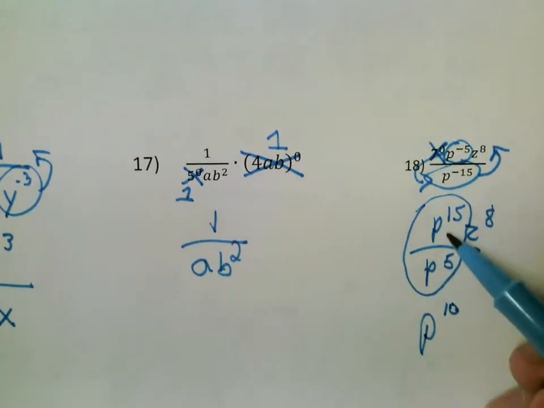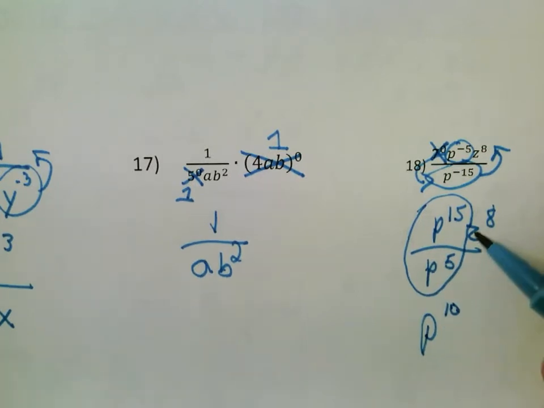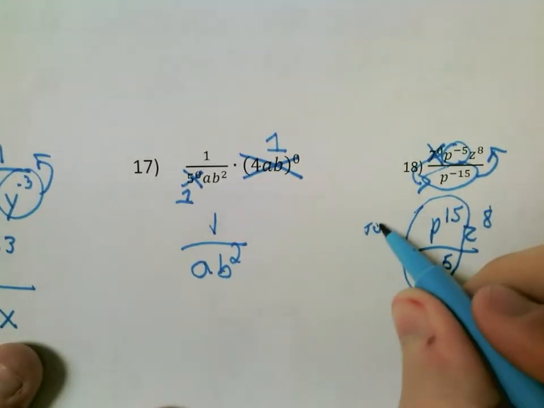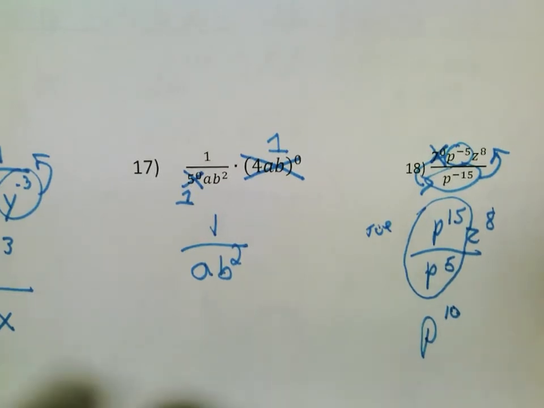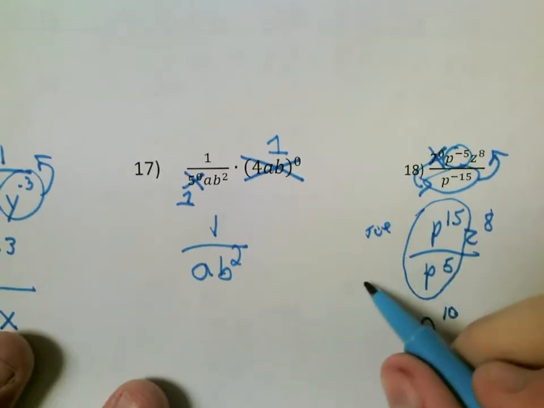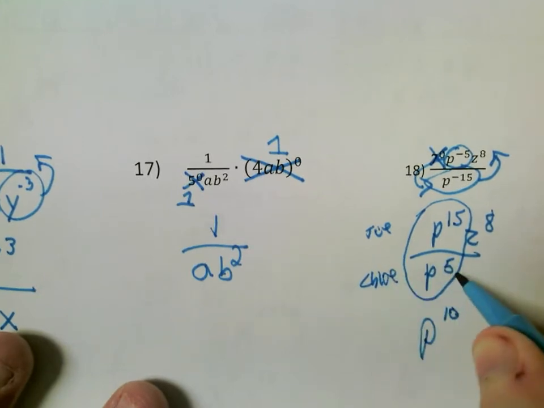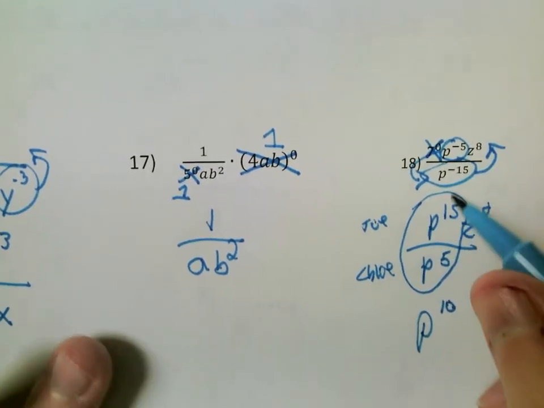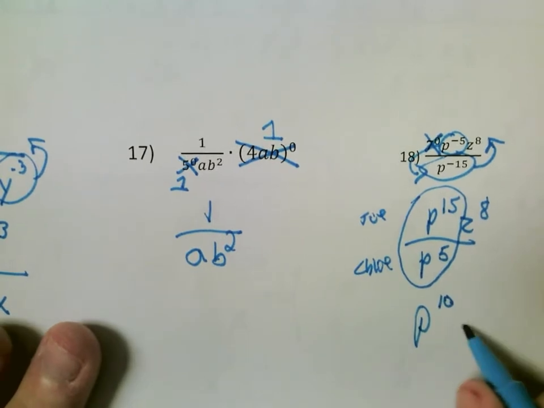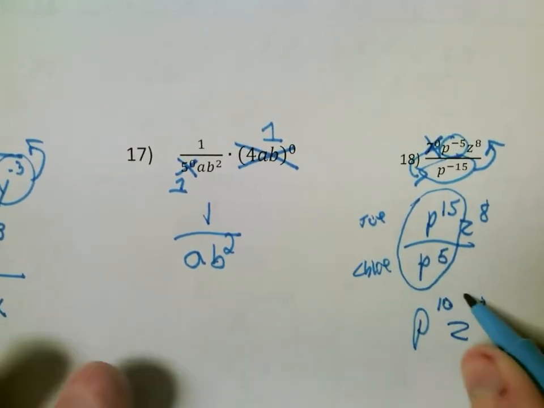I look at this as saying I have 15 on the top and 5 on the bottom. Maybe you could say Joey has $15 and Chloe has $5. If you try to figure out what the difference is, Joey has more. Therefore, that $10 remainder should be on the top on Joey's side. And then you still have that z to the 8th, and that's your final answer.